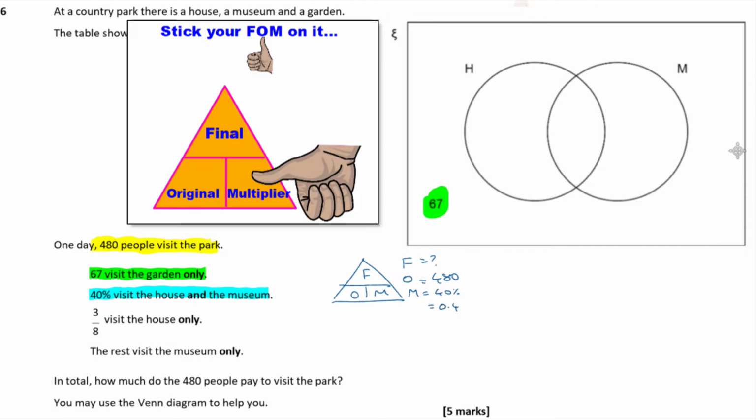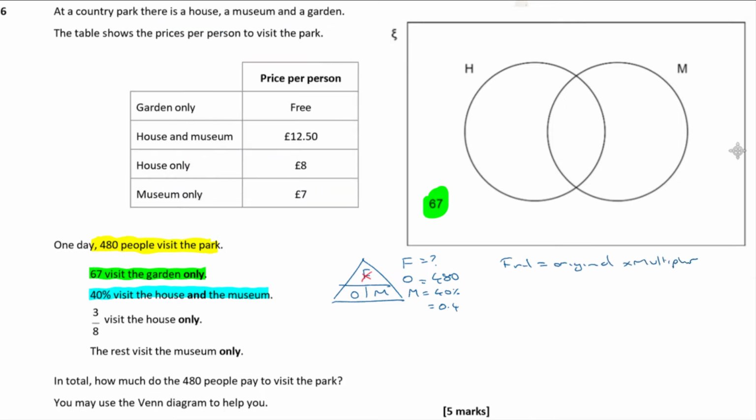So cover up the final, and final equals original times multiplier. So that is equal to 480 multiplied by 0.4. What's 480 times 0.4? My 8 looks weird. Let me just write that again.